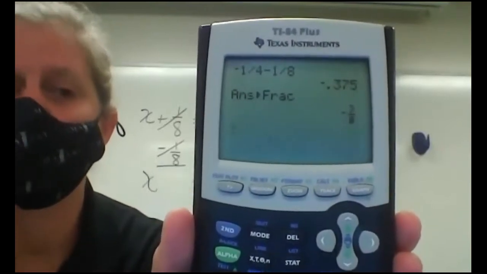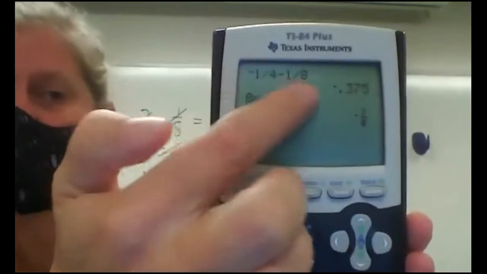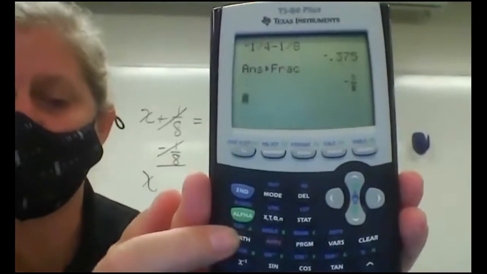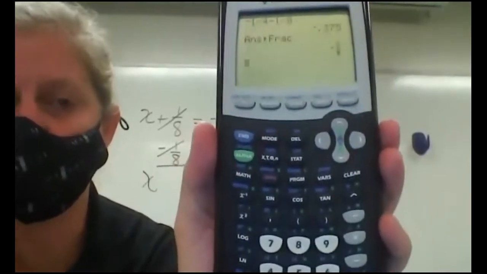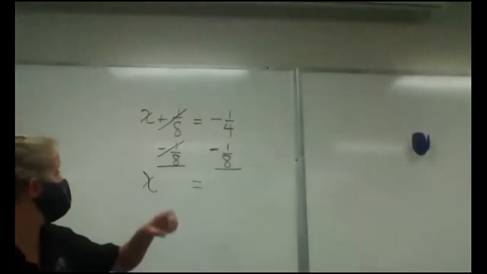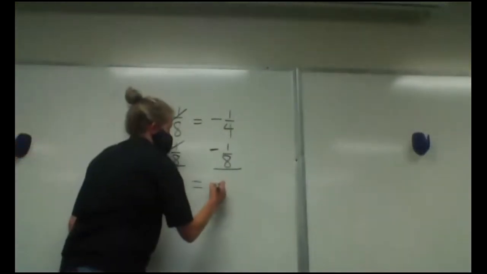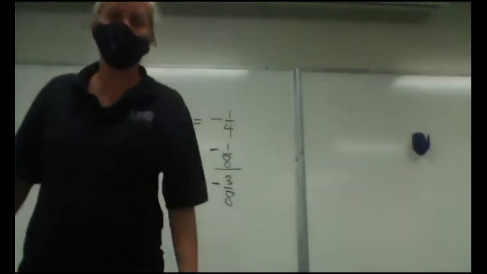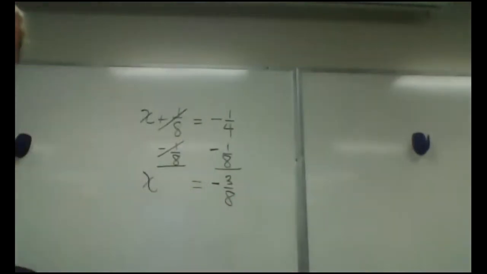So do the fraction work in your calculator, then hit the math button, and then hit enter twice. So math, enter, enter is going to be your friend. So I just did that in the calculator, and it showed me -3/8, which is exactly what I got when I did it the other way. Okay?